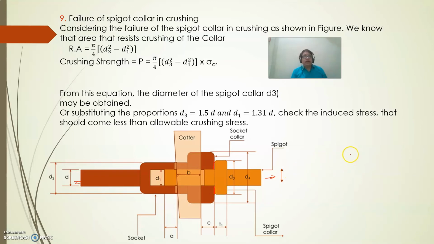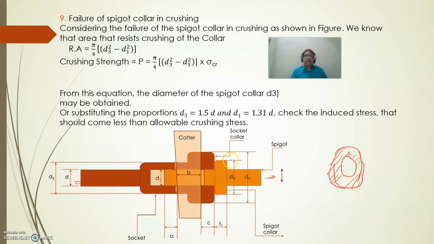So the area which is the spigot collar area. This spigot collar comes in contact with the collar of this. So this annular area I have taken. What is the surface area you will get?